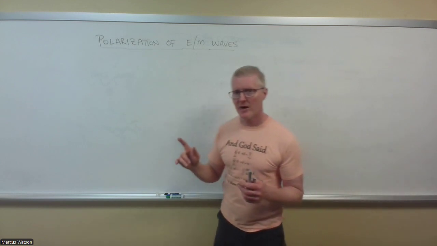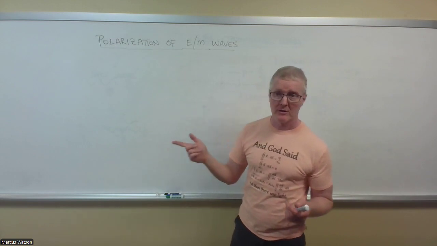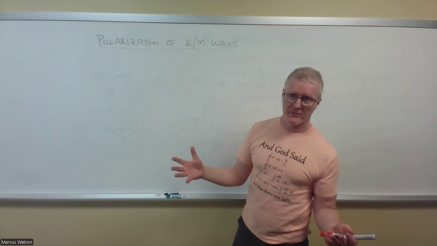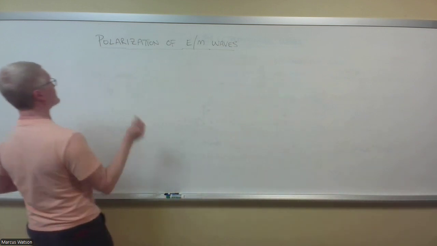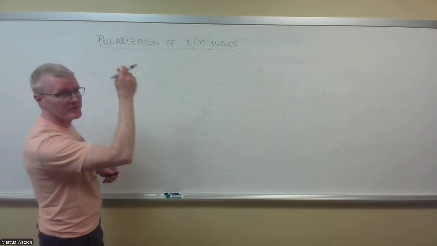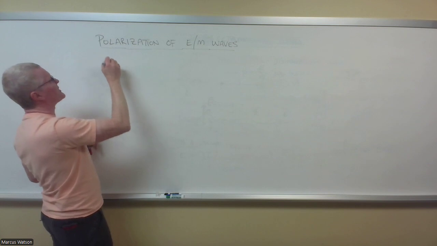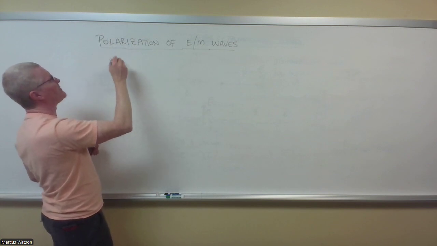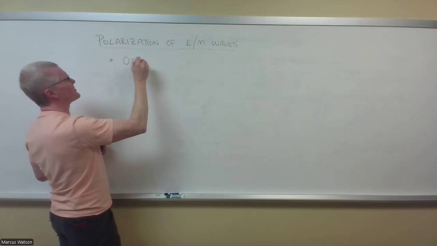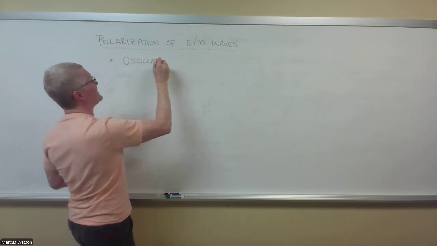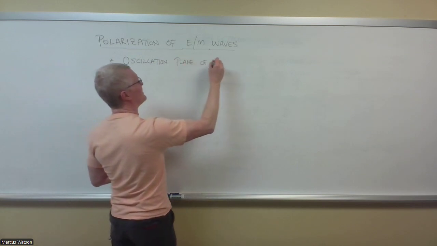Nonetheless, it does give rise to an electric field which could be oriented in different directions, but it is different from the phenomenon that you talked about in 4B, or whatever the class was that you took, if you've had that electricity magnetism course. So this is a result of the oscillation of the electric field. It's essentially the oscillation plane of the E field.